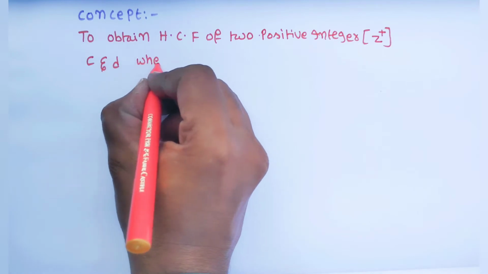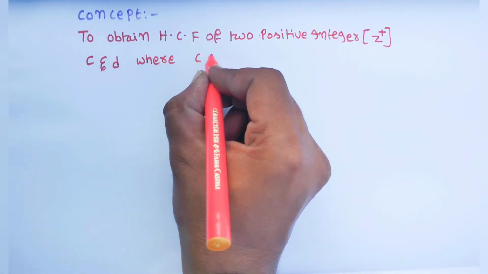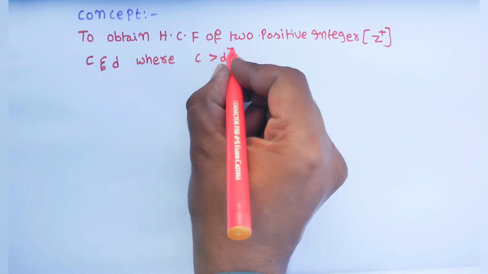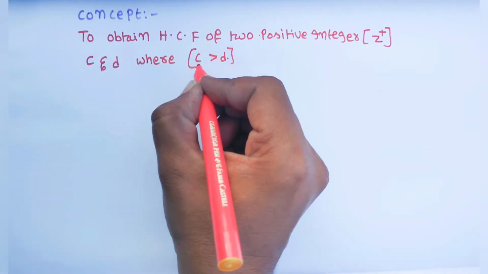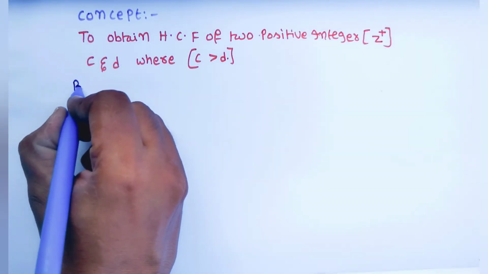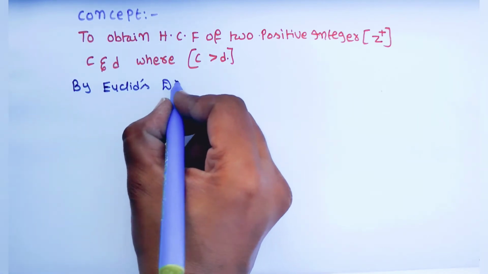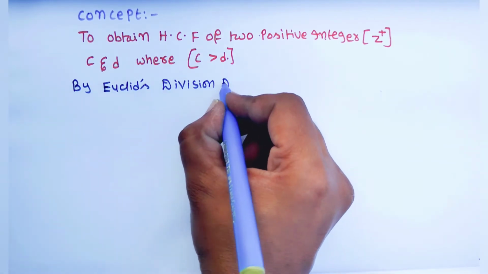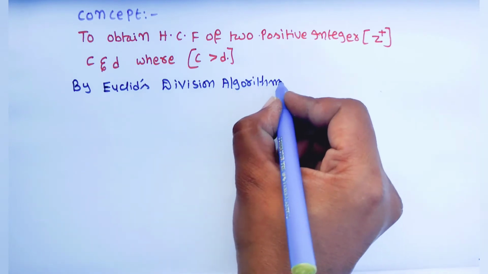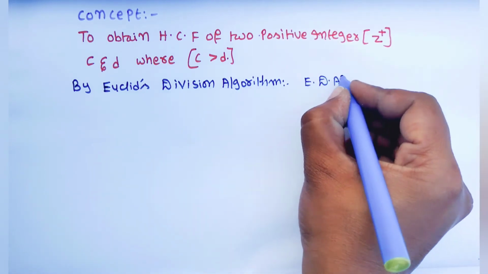To obtain HCF of two positive integers C and D, where C is greater than D, we apply Euclid's division algorithm. That is E for Euclid's, D for division, A for algorithm: EDA.